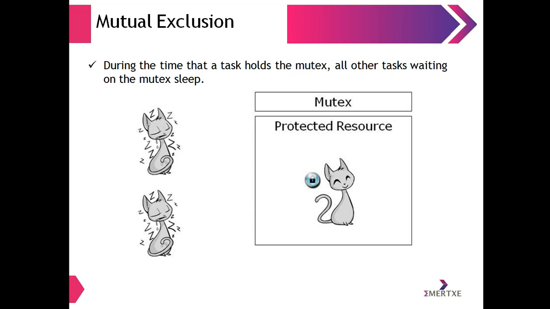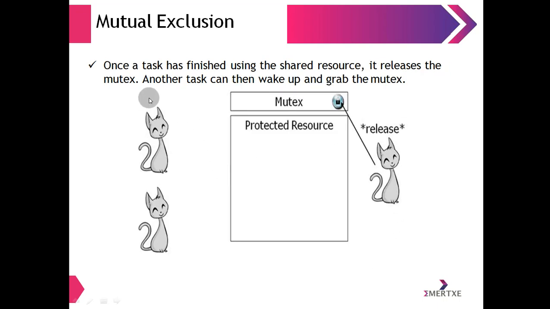That's fine. But this process also has its own disadvantage. Suppose that after completion, this task frees the resources and the token also, and it exits. Now there are two tasks which were in sleep mode while this task was using the protected resource.